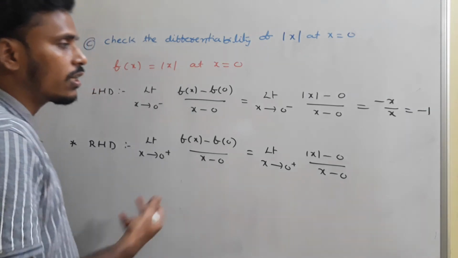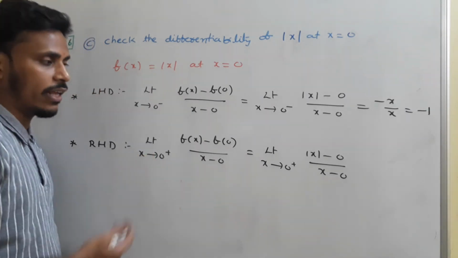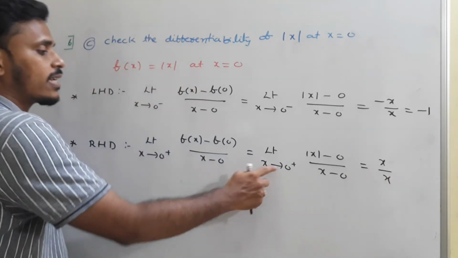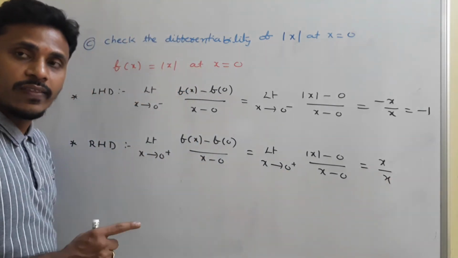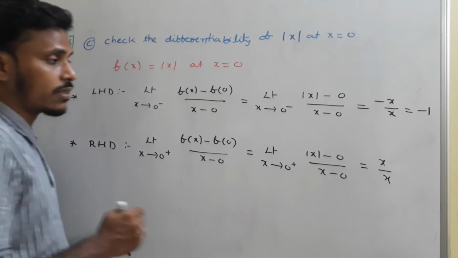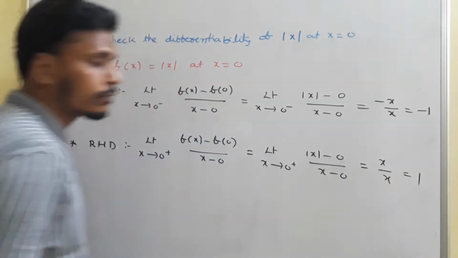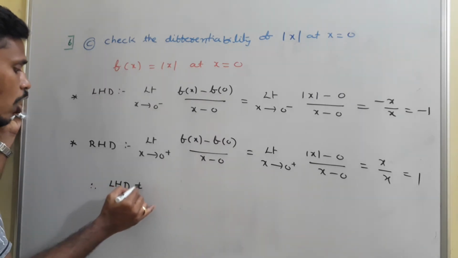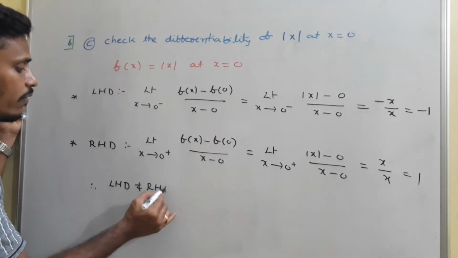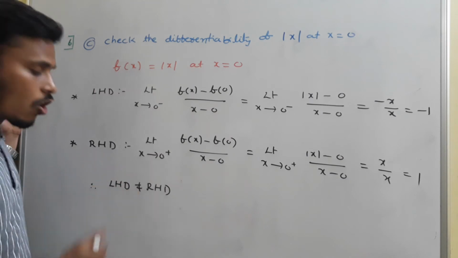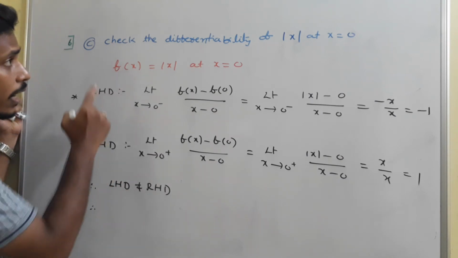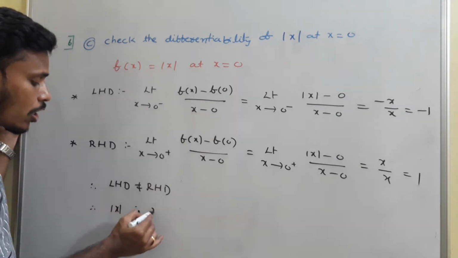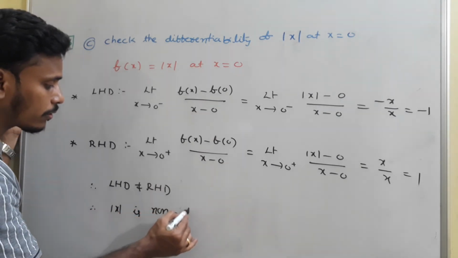This equals x by x, because as x is tending to 0 plus, x is greater than 0, so mod x is x. x by x is 1. Therefore, the left hand derivative is not equal to the right hand derivative. Since left and right are not equal, the function is not differentiable. Mod x is a non-differentiable function.